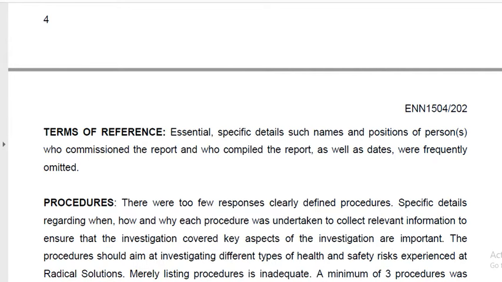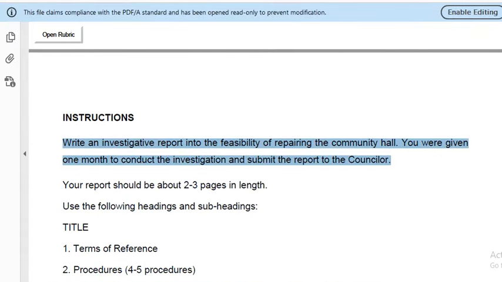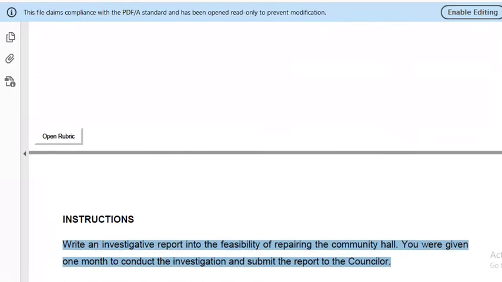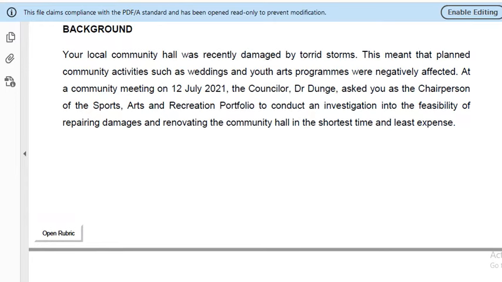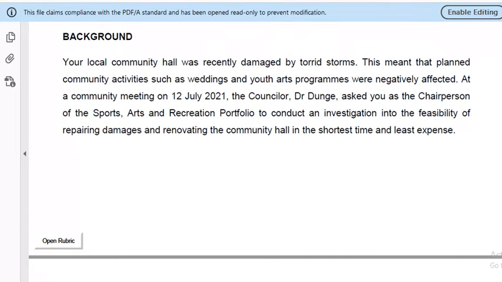Okay. Read again. You need to read again. I don't want to do this so fast that you don't understand how to do your own investigative report during the exam time, because I don't think that I'm going to do this for the exam.